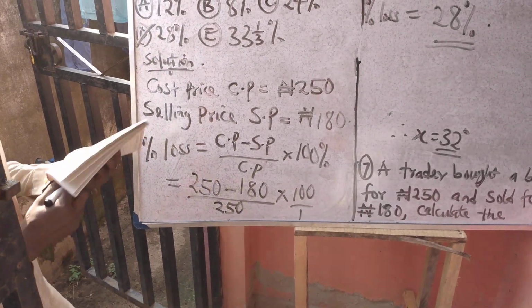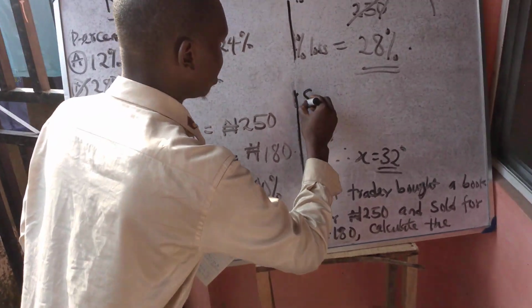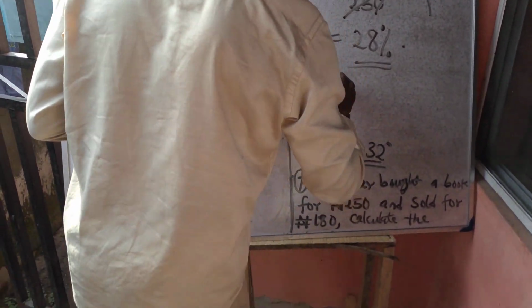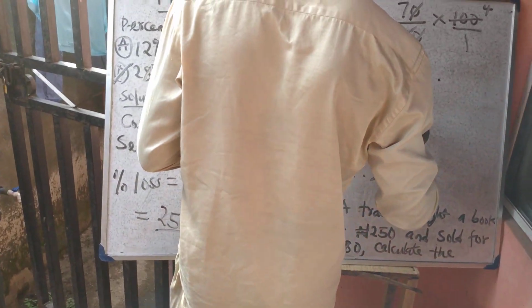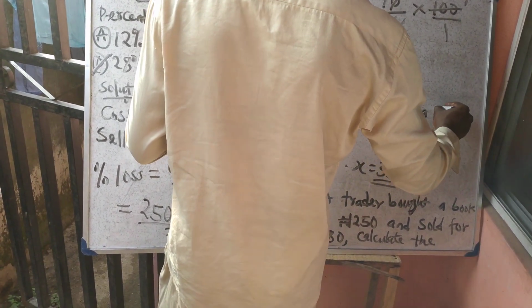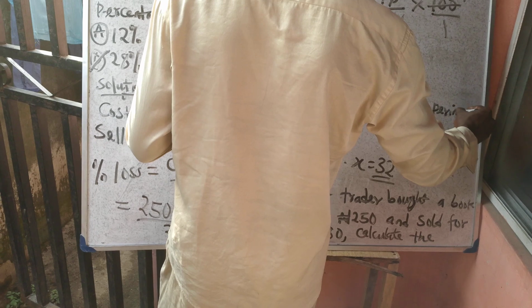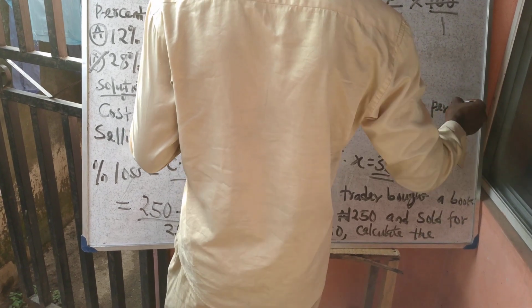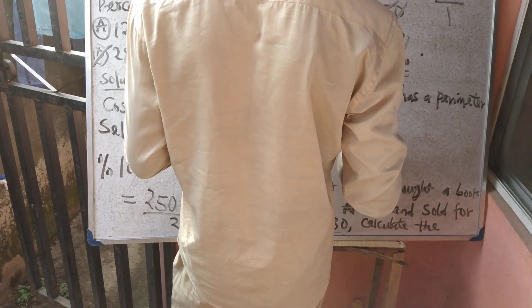Question number 8. They said a square has a perimeter of 24 centimeter.